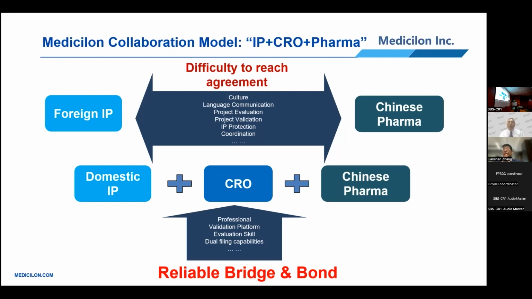We are a reliable bridge and bond between foreign IP and a Chinese pharma, because both sides need quality work at a CRO. So that's our proposal. Seeing so many drug candidates around makes me very happy today, because we can help you move on to IND approval.